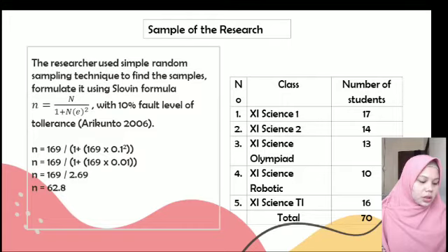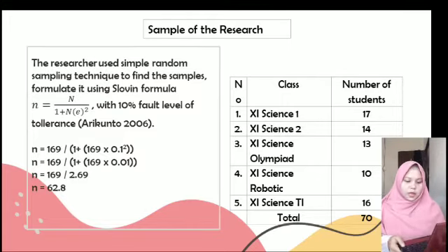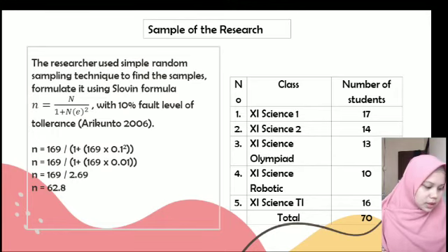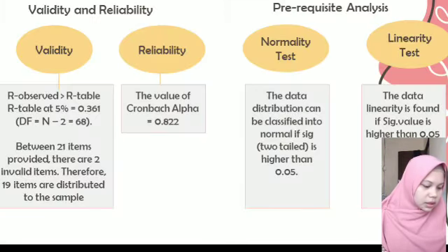From that formula, we get that the sample of the research is 70 students. The next is validity, reliability, and also prerequisite analysis that you can see on the slide.